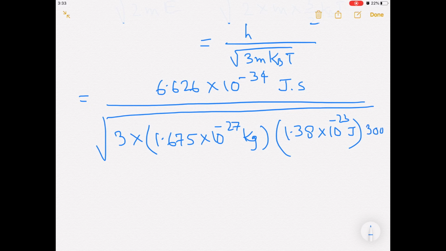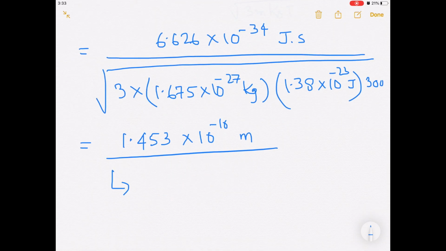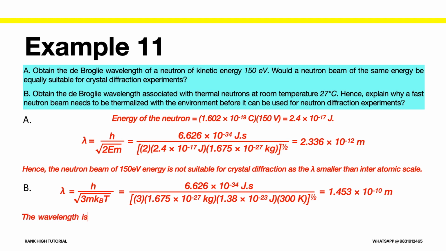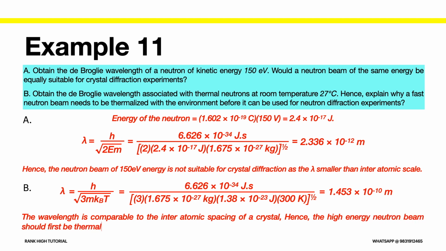The value comes as 1.453 × 10^-10 meter, that is 1.453 Angstrom. Thus, the wavelength is comparable to the interatomic spacing of a crystal. Hence, the high energy neutron beam should first be thermalized before using it for diffraction.